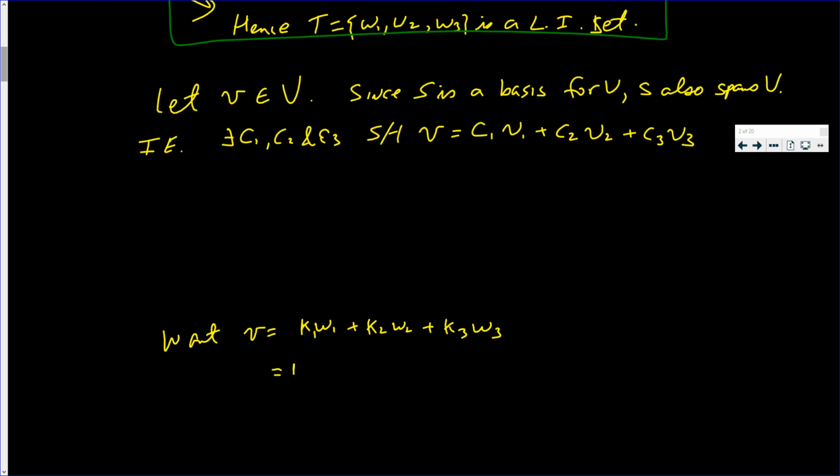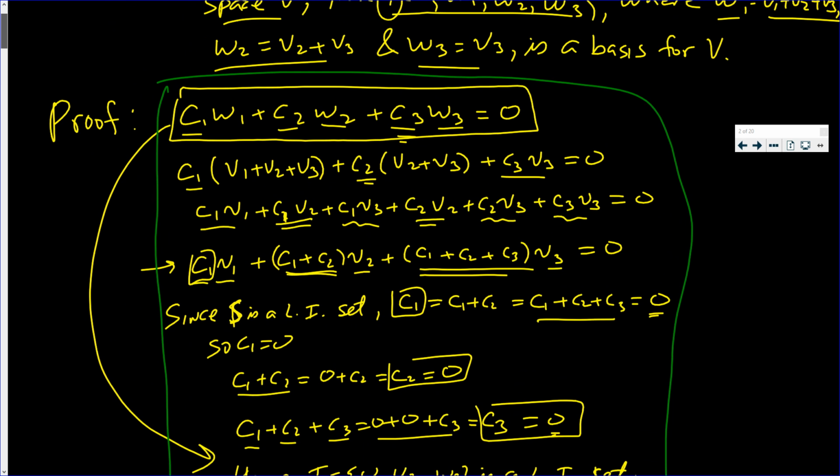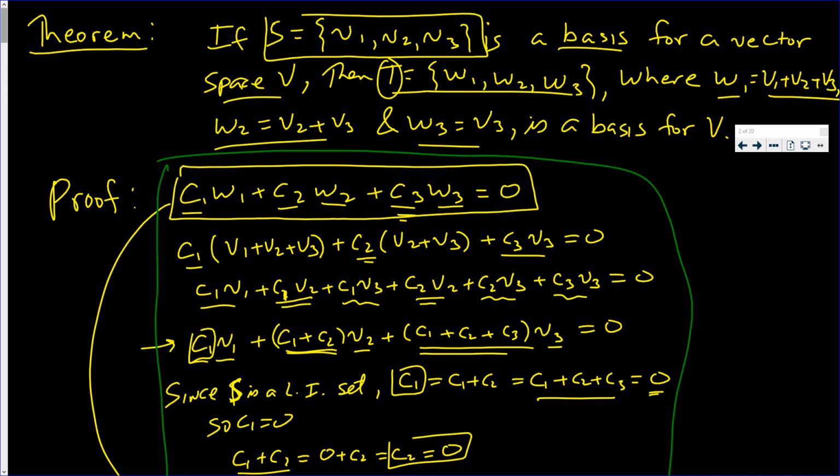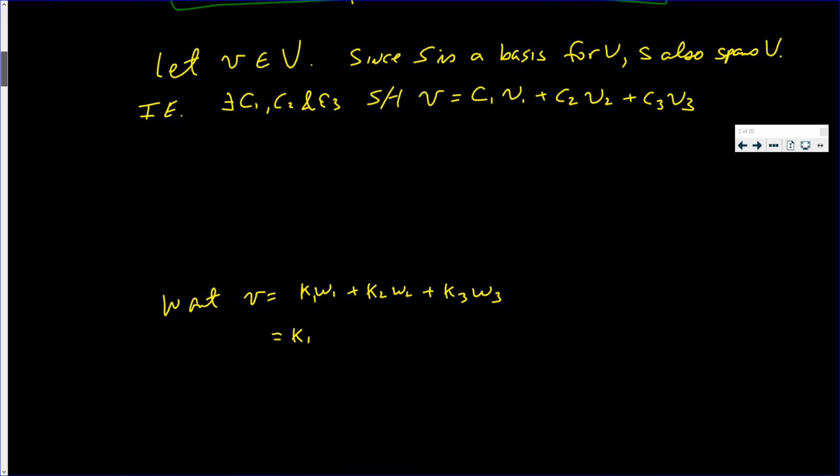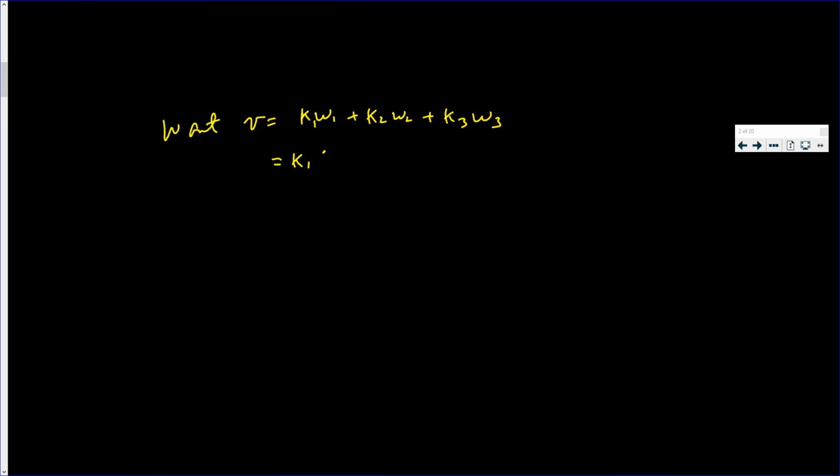where W1, let me just be sure, W1 is the sum of all three. So we have K1 (V1 plus V2 plus V3) plus K2 (V2 plus V3), since W2 is V2 plus V3, plus K3 W3, and W3 is just V3.